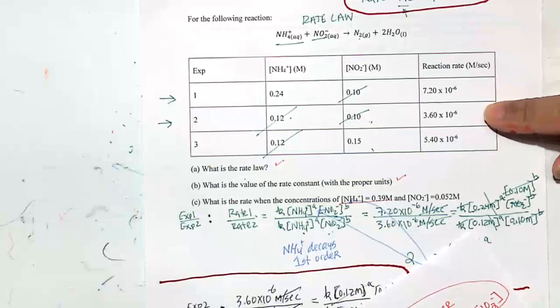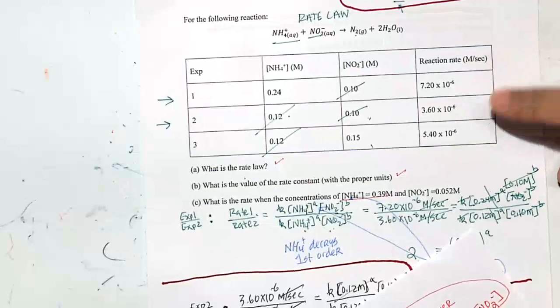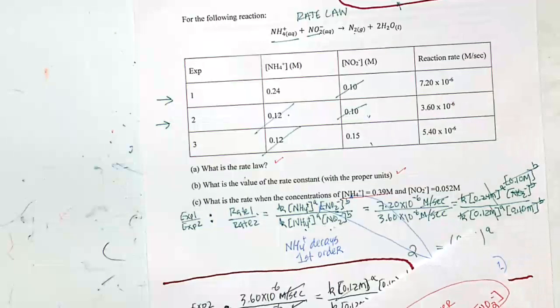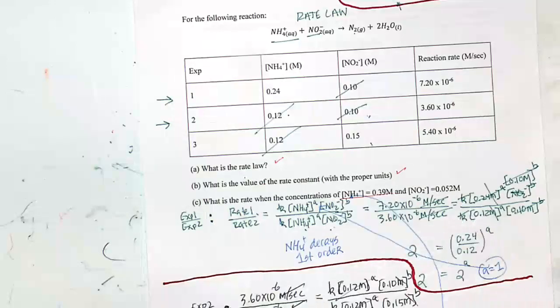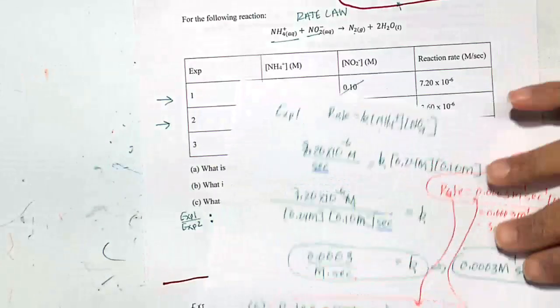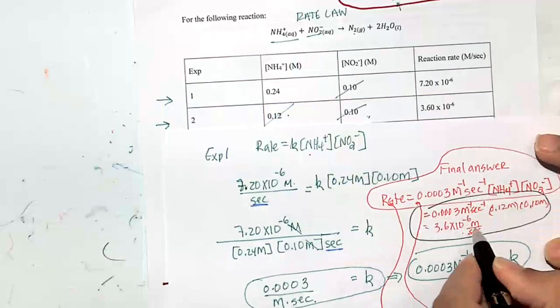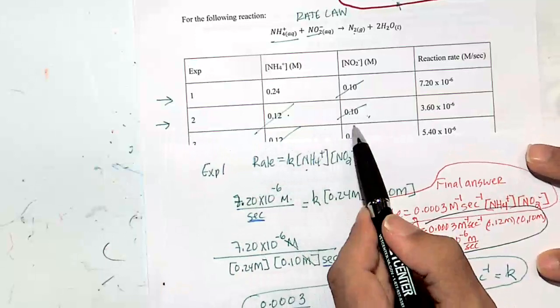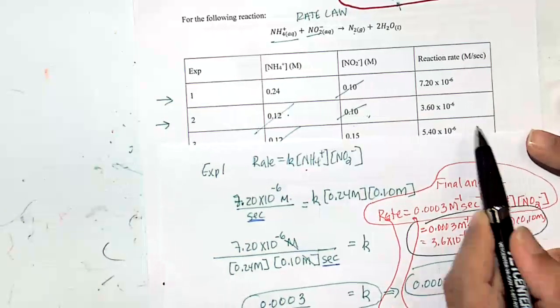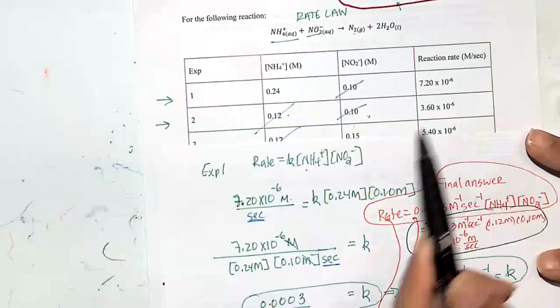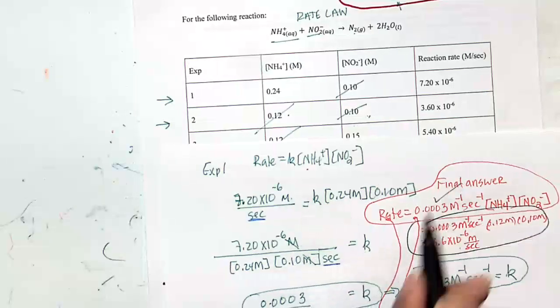Yep, 3.6 times 10 to the minus 6. So I know this is the right answer. I put experiment 2 values into this rate law, and I got the rate. So this is the right answer.